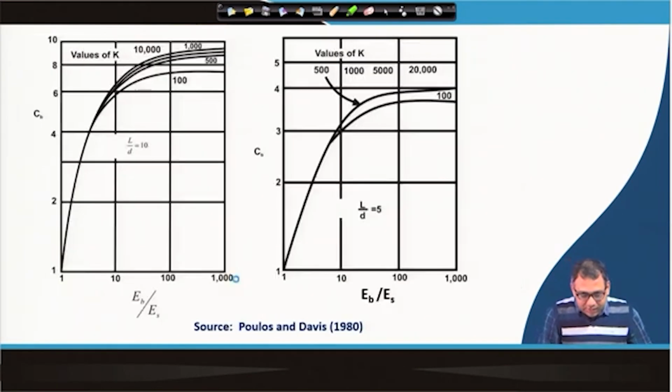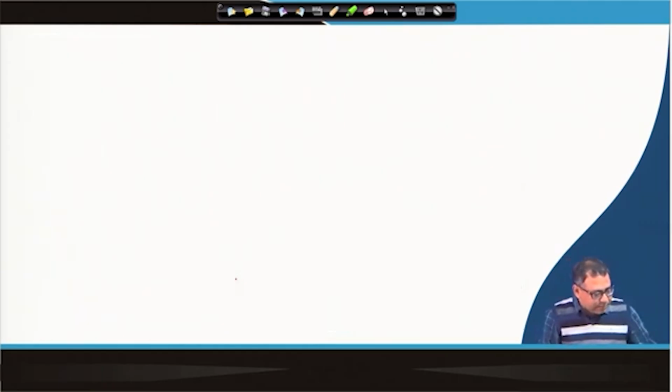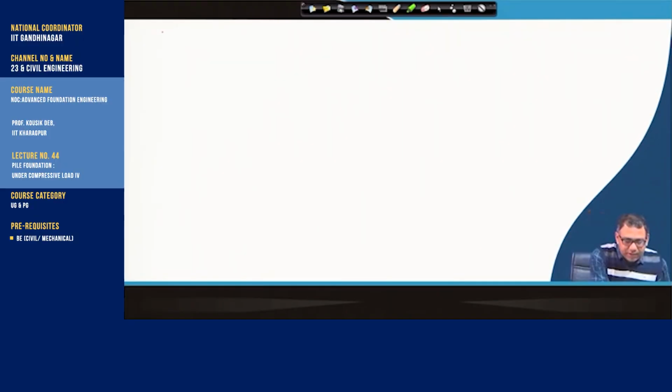Now, I will calculate the settlement of a single pile by using this approach. We now know how much load is transferred to the tip and how much is taken by the pile friction. Then we can calculate the settlement of the pile.